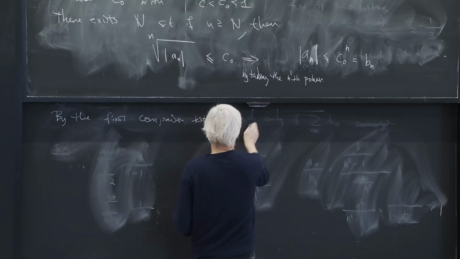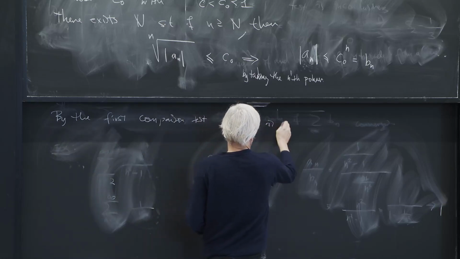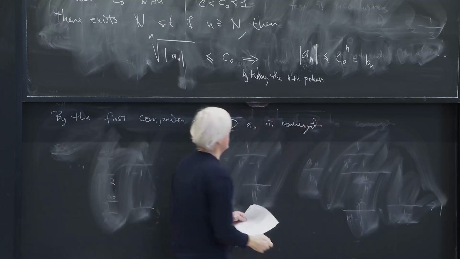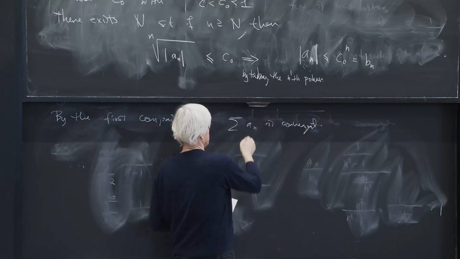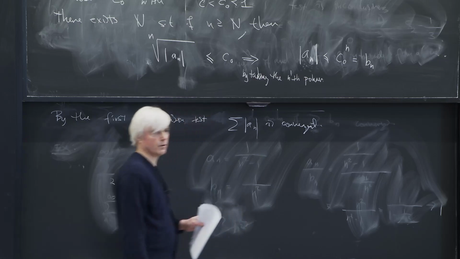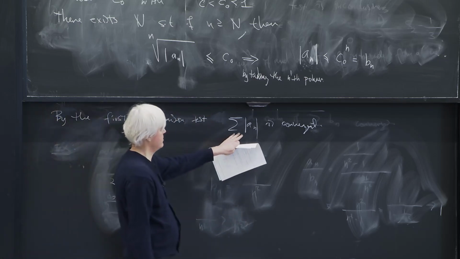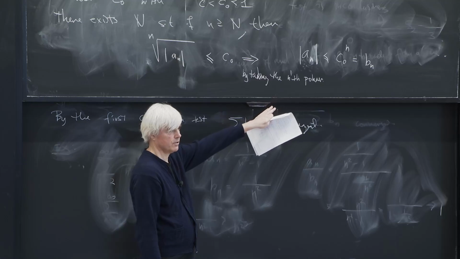the sum of the absolute values of an is convergent. And note here that what you're proving is that this series here is convergent, because you're comparing this series here with the geometric series.